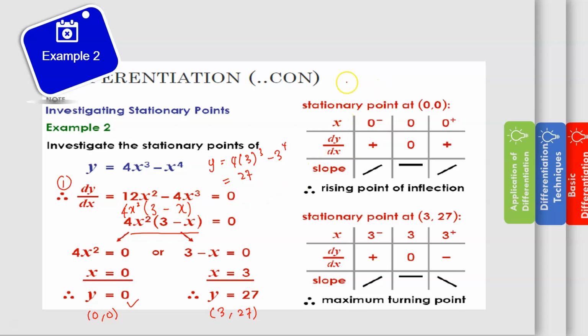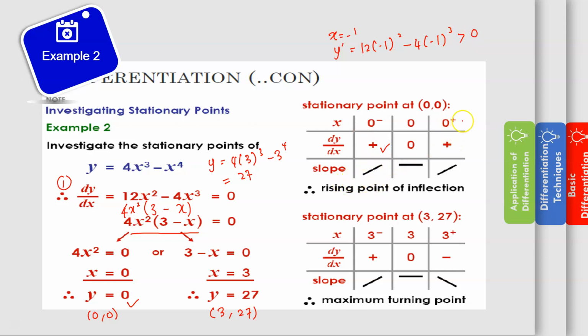So when I substitute negative 1, for example, I have when x equal to negative 1, y prime equal to 12 times negative 1 squared minus 4 times negative 1 to the power of cube. You will got here 12 minus, so plus 4, which is greater than 0, so it is positive. When positive, the slope will be going up.